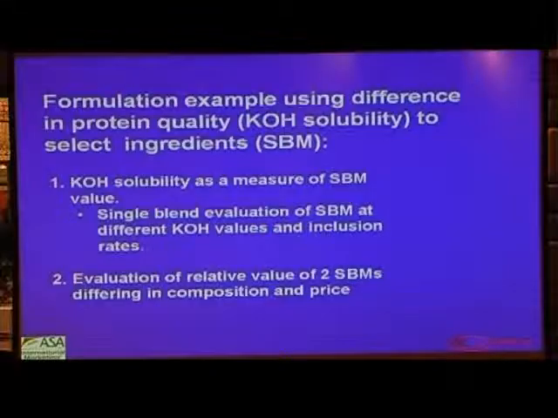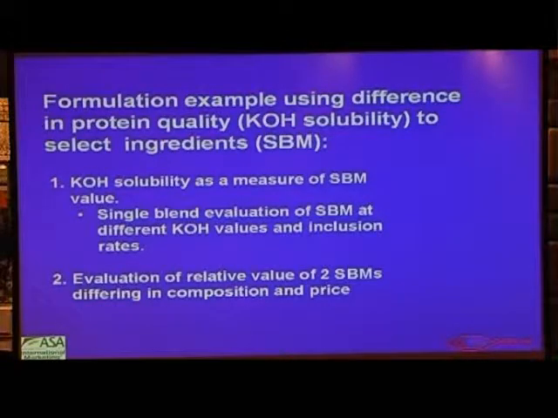And I like to demonstrate that to you by showing you a formulation example using differences in protein quality, as expressed in KOH solubility, to select the ingredients. You can measure that KOH solubility, and we can then evaluate in a single blend formulation one soybean meal against the other soybean meal.